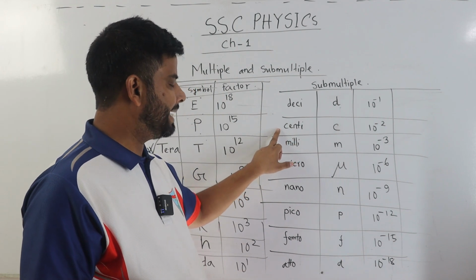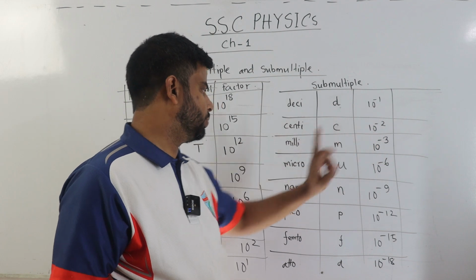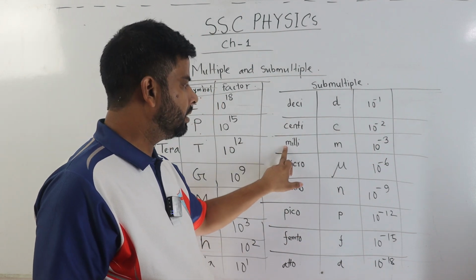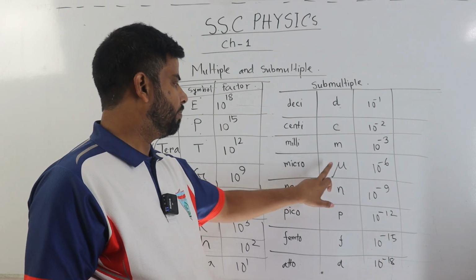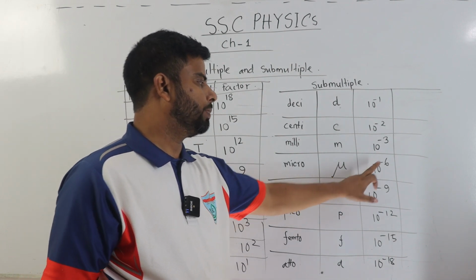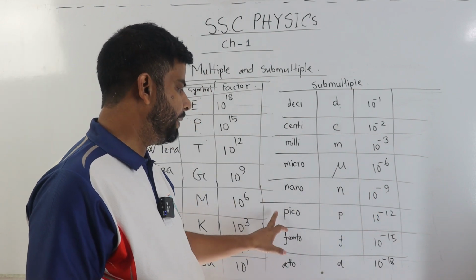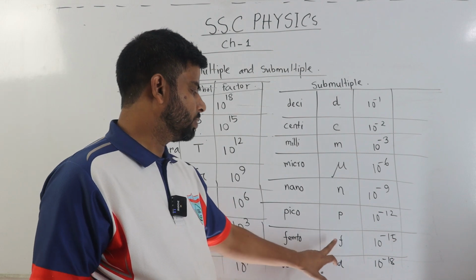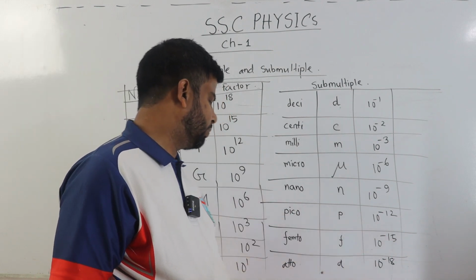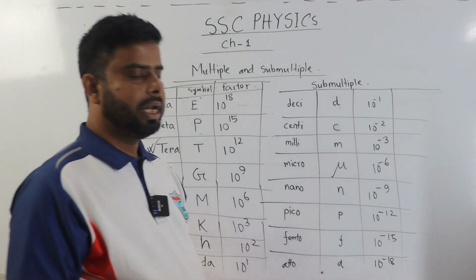Centi, small c, 10 to the power minus 2. Milli, small m, 10 to the power minus 3. Micro, mu, 10 to the power minus 6. Nano, small n, 10 to the power minus 9. Pico, small p, 10 to the power minus 12. Femto, small f, 10 to the power minus 15. Atto, small a, 10 to the power minus 18.